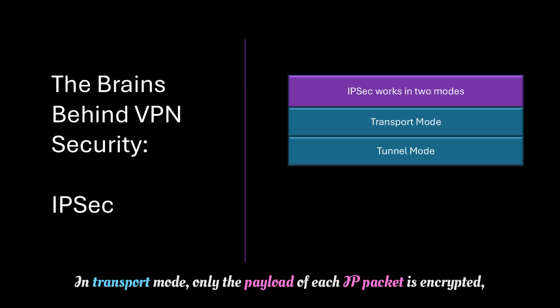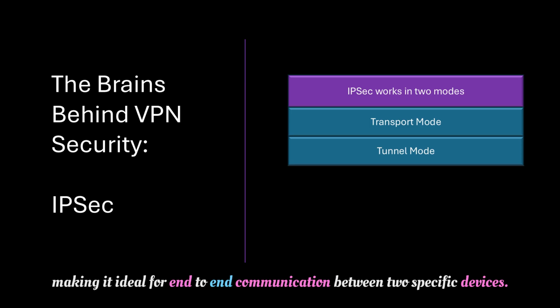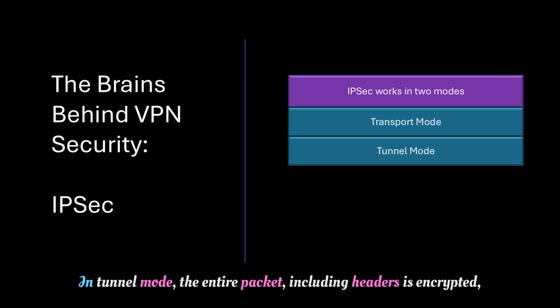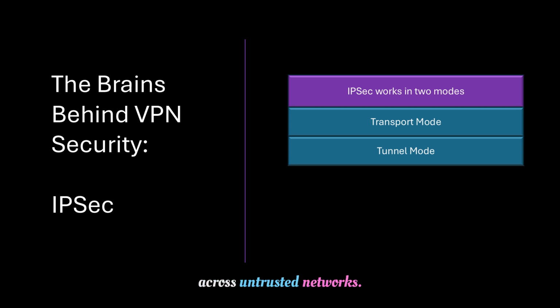In transport mode, only the payload of each IP packet is encrypted, making it ideal for end-to-end communication between two specific devices. In tunnel mode, the entire packet, including headers, is encrypted, which is perfect for VPN scenarios where you want to protect routing details across untrusted networks.